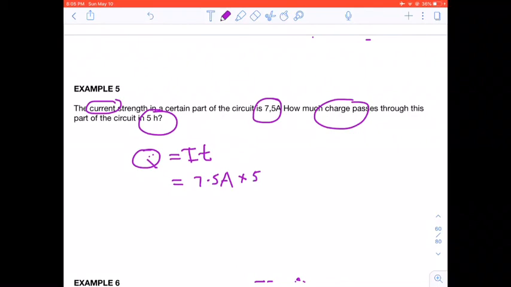To bring it to minutes, you multiply by 60. To bring it to seconds, you multiply by another 60, right? Which will then be 135,000 coulombs, right?